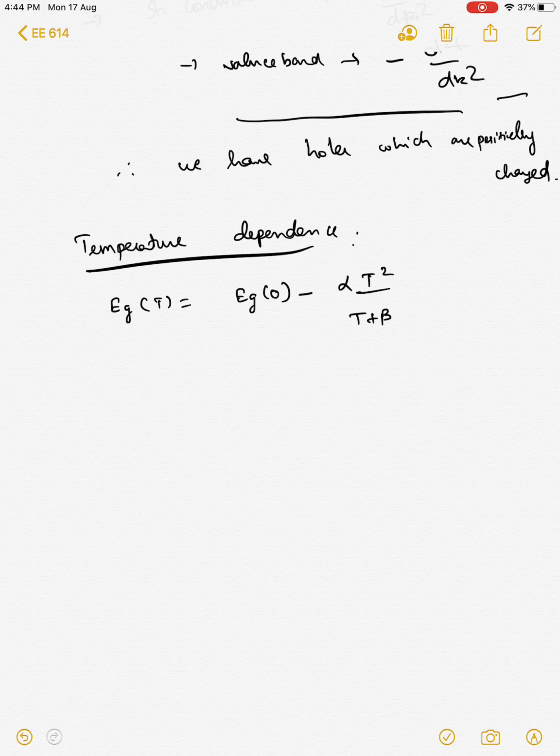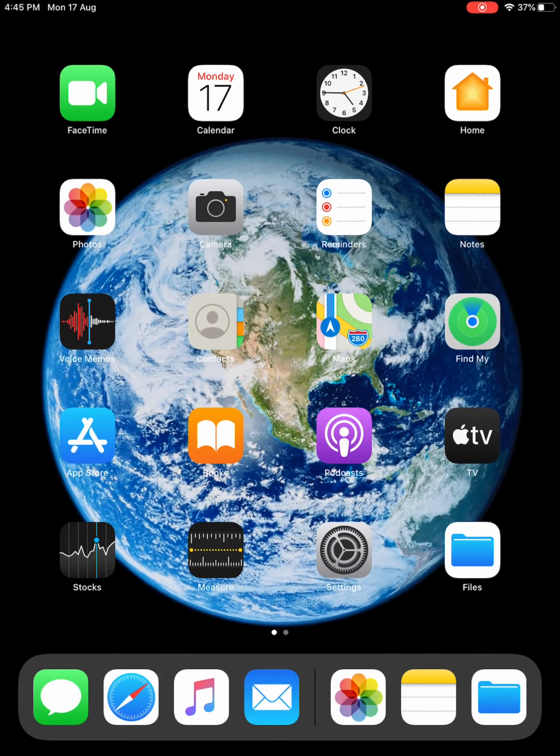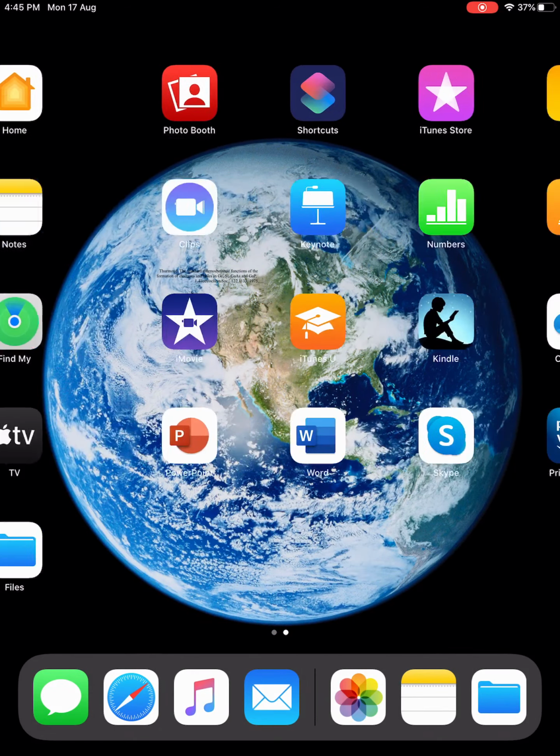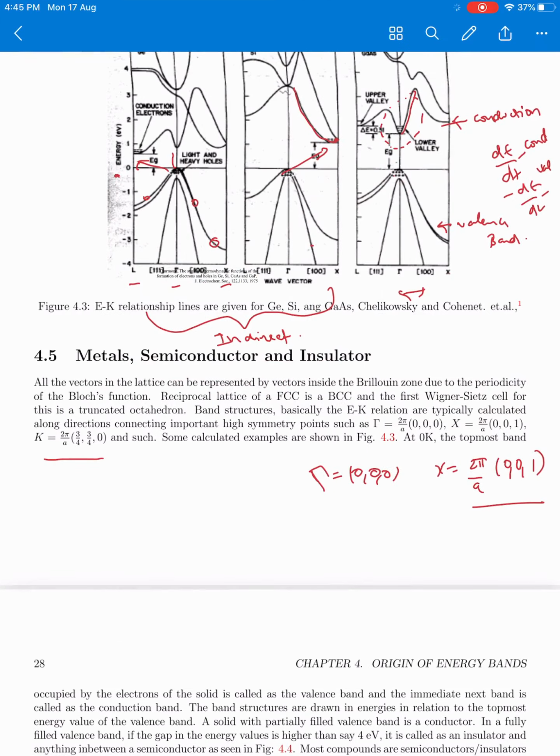The basic lattice constants change, and it is those changes in the lattice constants which give you this particular relationship between the band gap at 0 Kelvin and the band gap at temperature T. And this relationship is actually empirically determined. One such plot is here.